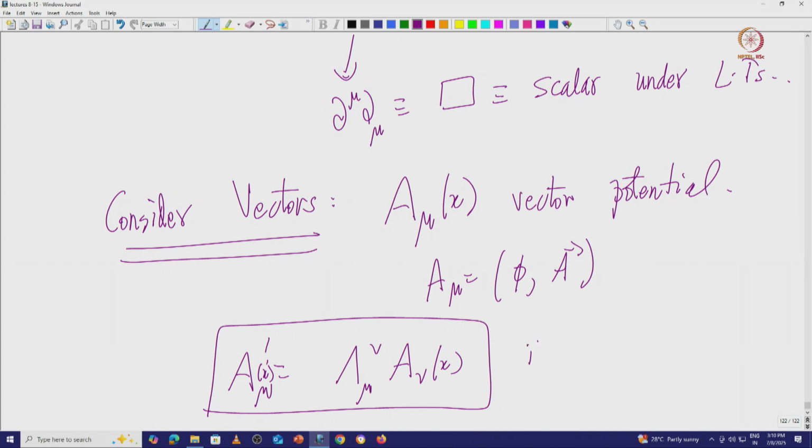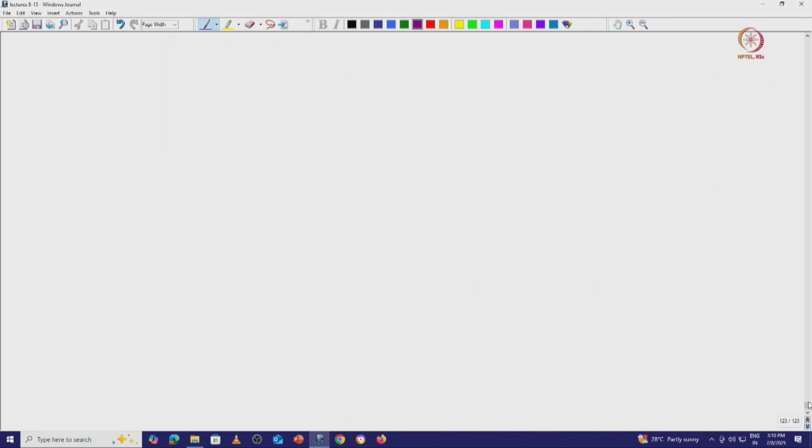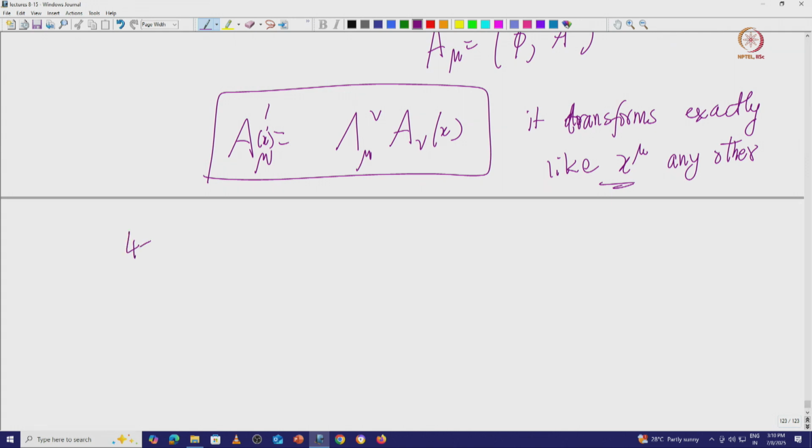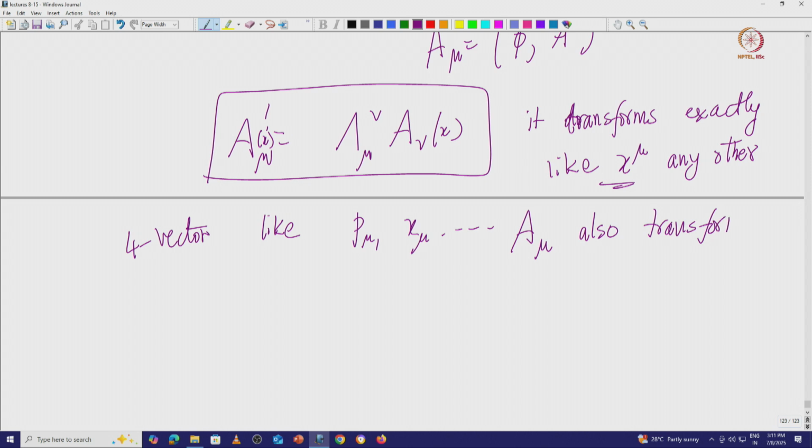You see it transforms exactly like x_mu, like any other 4-vector, like p_mu, x_mu, etc. So A_mu also transforms like a 4-vector under Lorentz transformations.